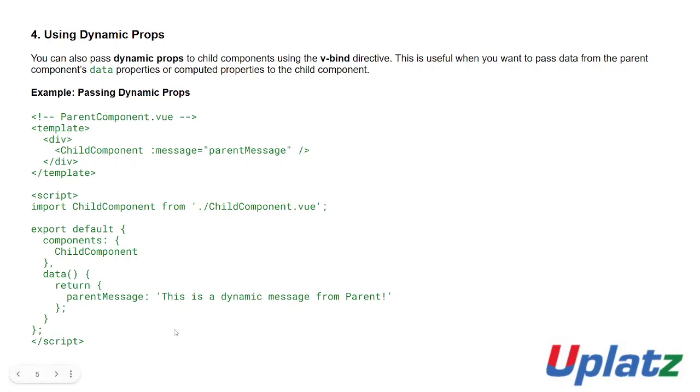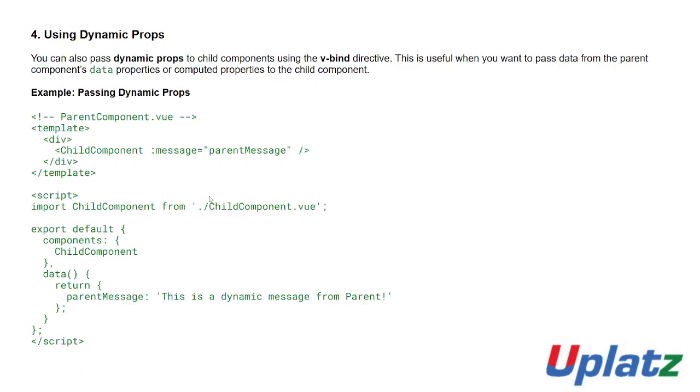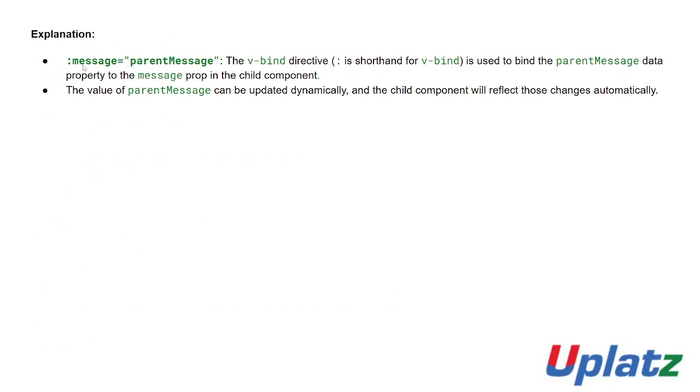Here the script is closed. Let's see the child component. You can understand that this parent message will be sent to the child component dynamically due to this colon. Colon message is equal to parent message.